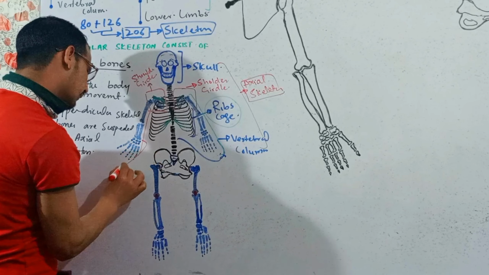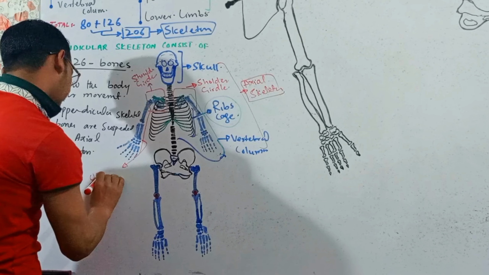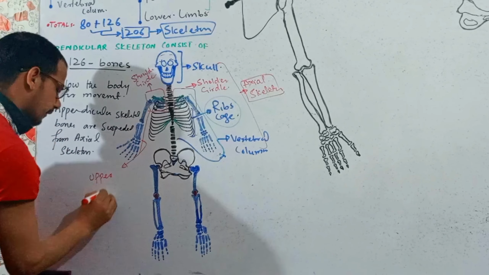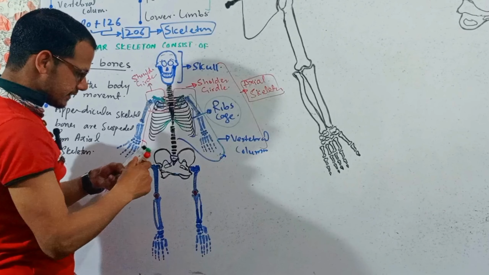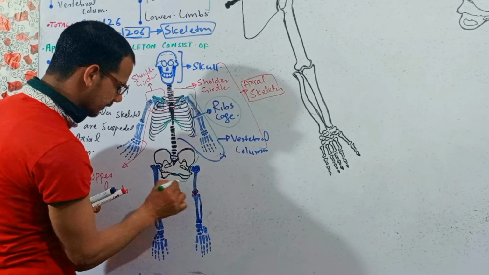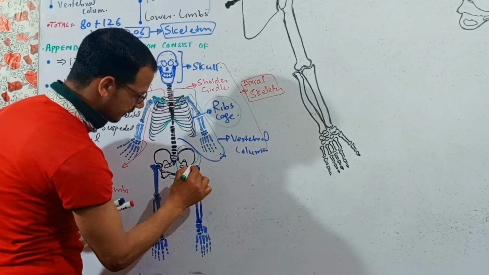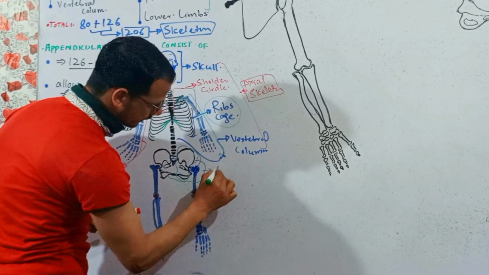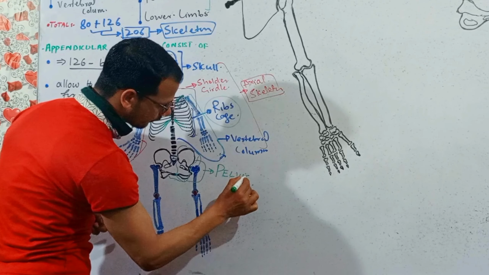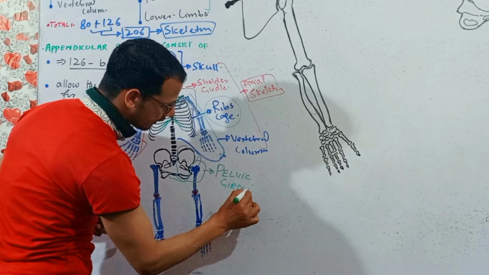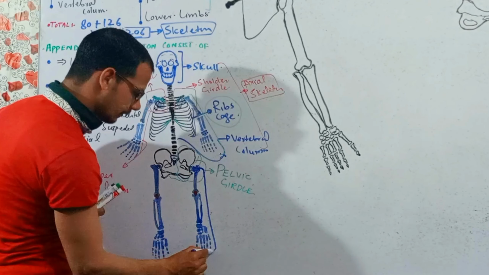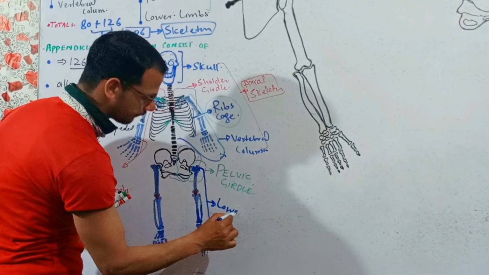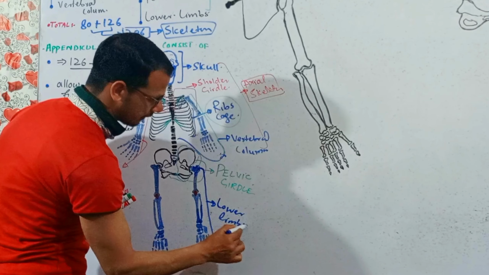And these bones make the upper limbs. This part here is called the pelvic girdle, and these blue bones are called the lower limbs.